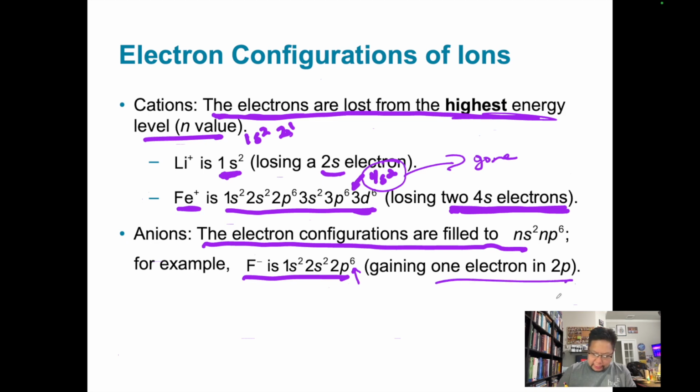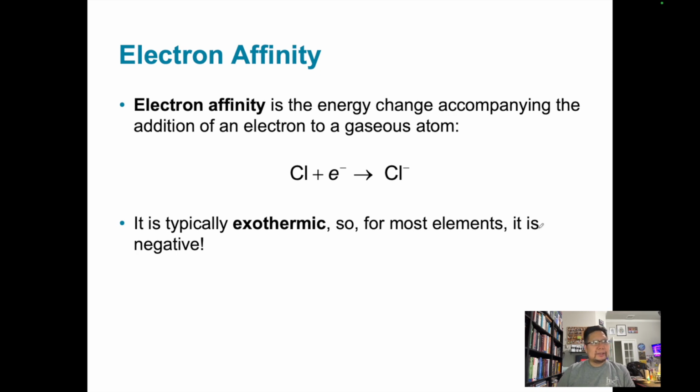Anions try to get this general configuration, where n is the principal quantum number, or the energy level, and then s2 and p6. As long as it has s2 and p6 in there, that anion's happy.